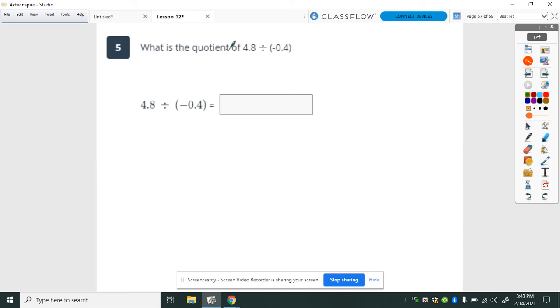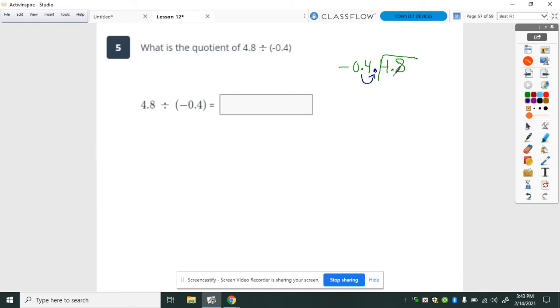What is the quotient of 4 and 8/10 divided by -4/10? So they're saying 4 and 8/10 divided by -4/10. Remember, we cannot have a decimal outside of the house. So we need to move our decimal over one space here.